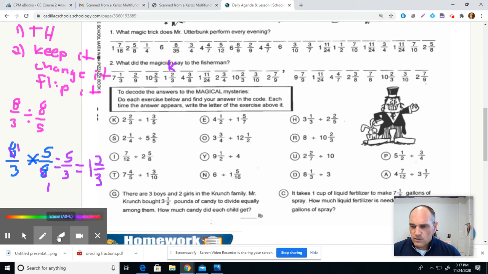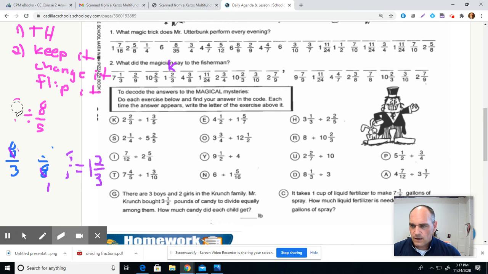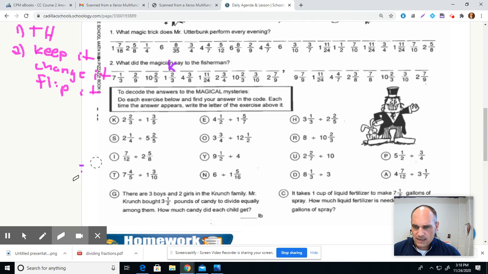All right, so that was K. Let's practice another one. Every time I do a division problem, this is done the exact same way. Let's do this one. We have 2 1/4, and we're going to divide by 5 2/5.